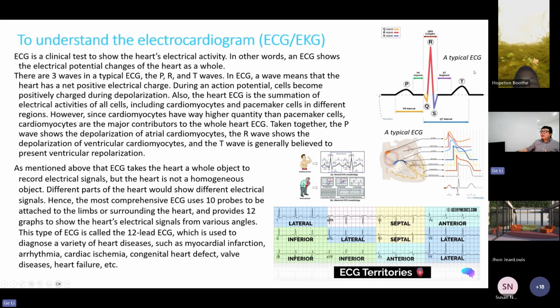So the ECG or EKG is, in general, the overall electrical behavior of the heart. Basically, how we do the EKG, we compare the heart electrical charge with, in most cases, say the right arm, from here to here.